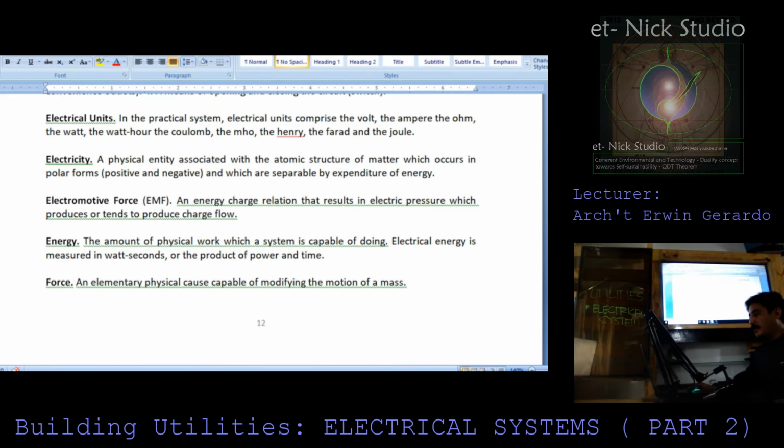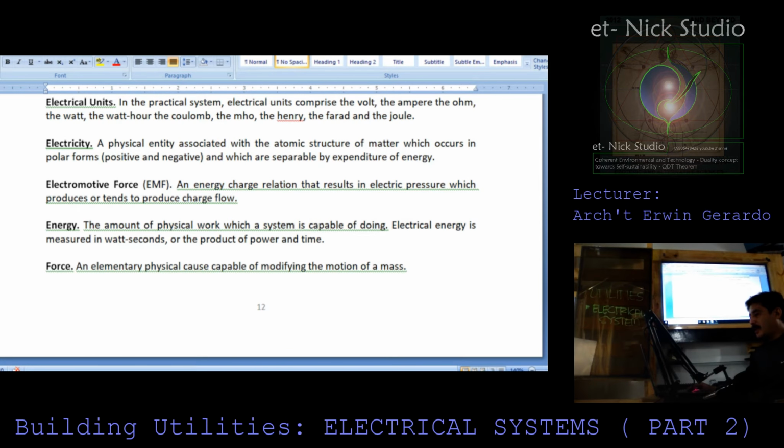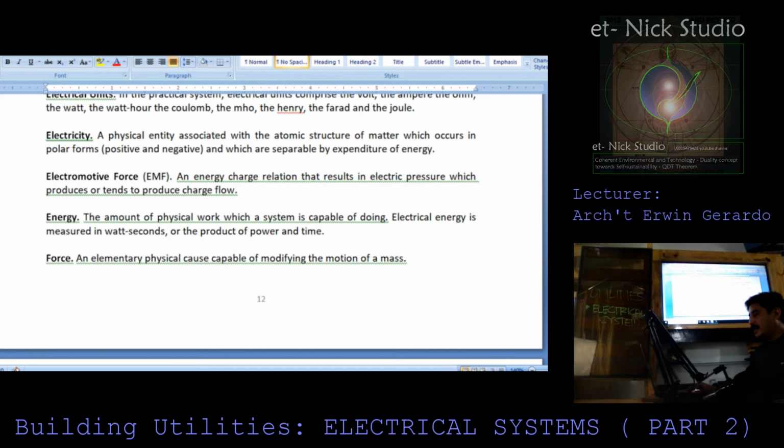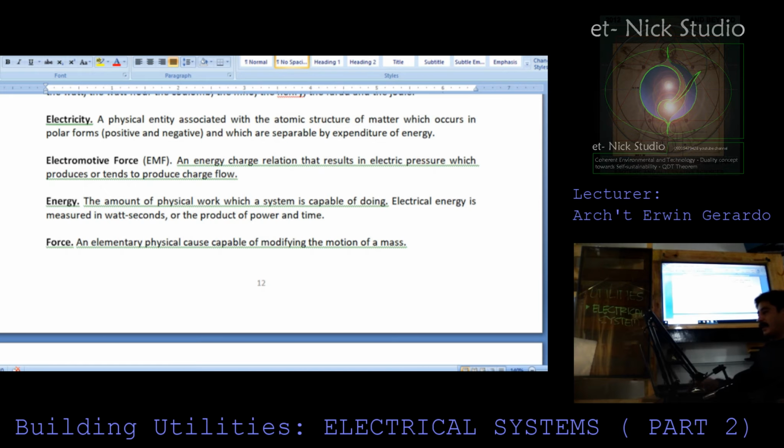Electricity is a physical entity associated with the atomic structure of matter, which occurs in polar forms, positive and negative, and which are separable by expenditure of energy.